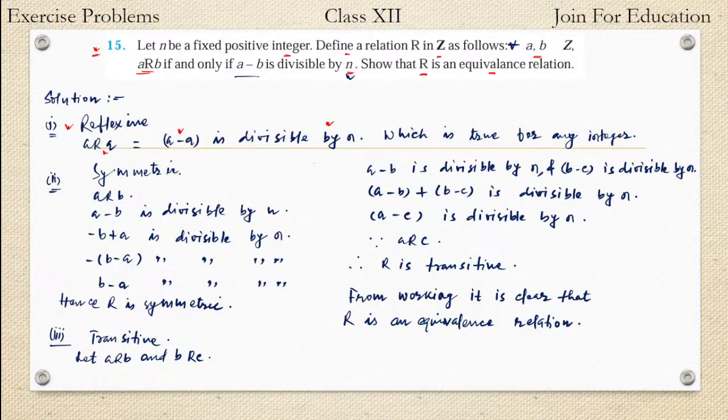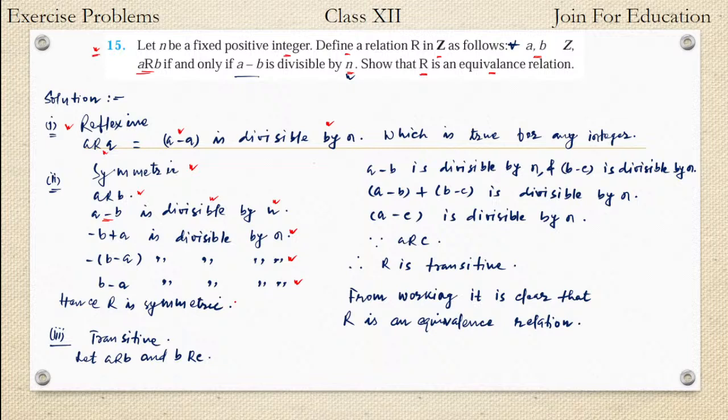So this is reflexive. Symmetric: a is related to b, therefore a minus b is divisible by n. Minus b plus a is divisible by n. Minus (b minus a) is divisible by n. b minus a is divisible by n.